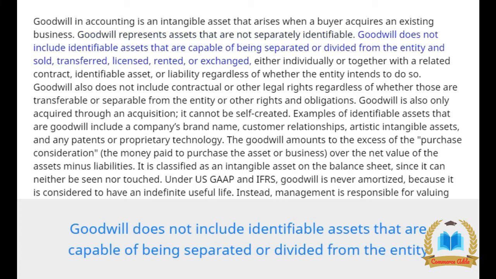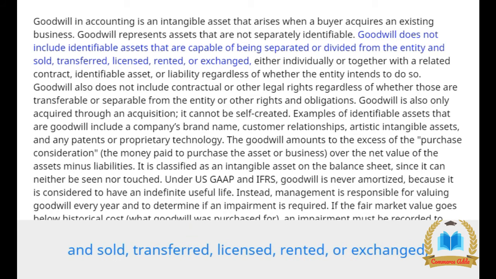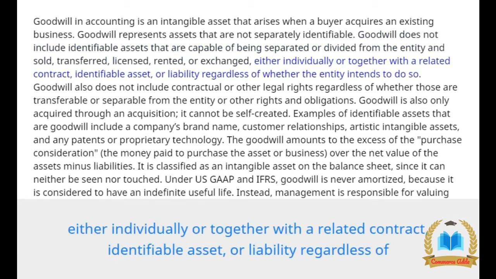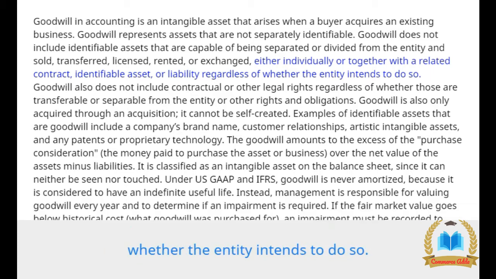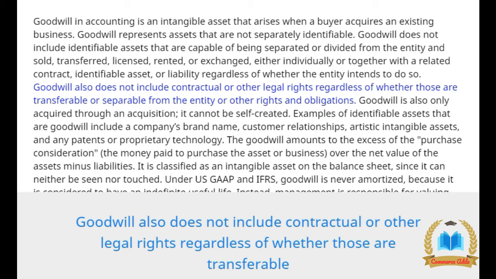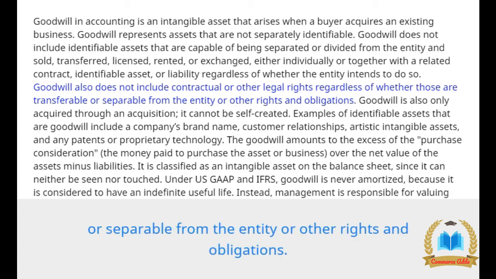Goodwill does not include identifiable assets that are capable of being separated or divided from the entity and sold, transferred, licensed, rented, or exchanged, either individually or together with a related contract, identifiable asset, or liability, regardless of whether the entity intends to do so. Goodwill also does not include contractual or other legal rights, regardless of whether those are transferable or separable from the entity, or other rights and obligations.